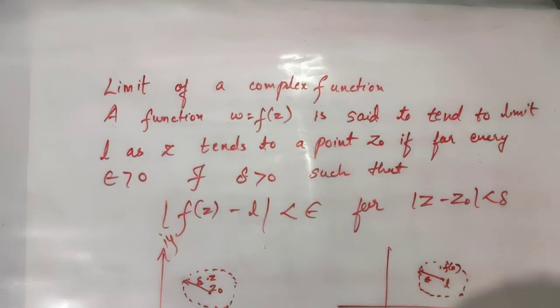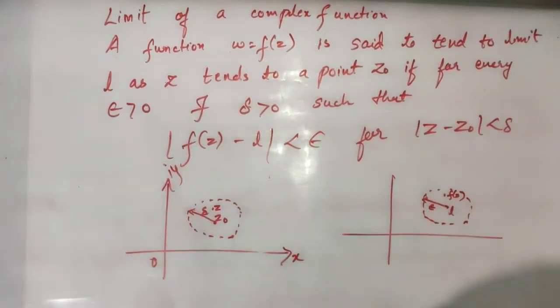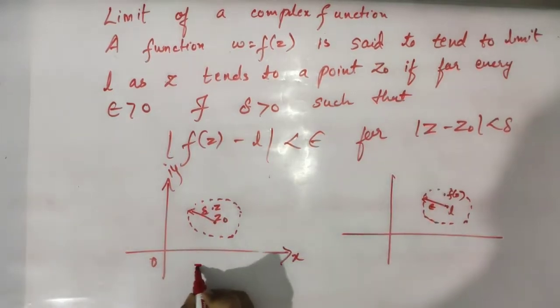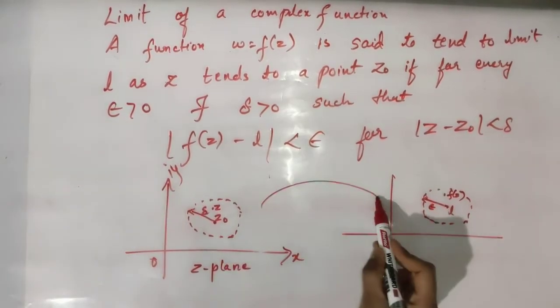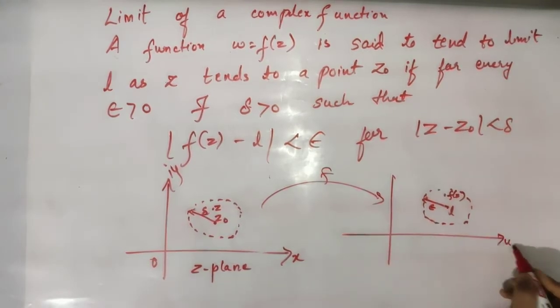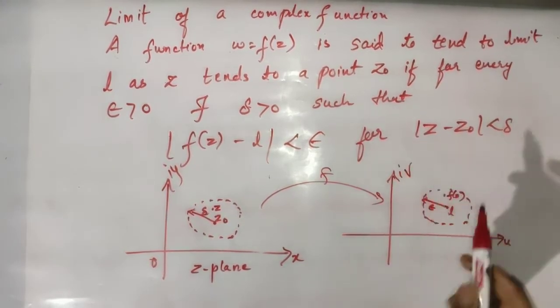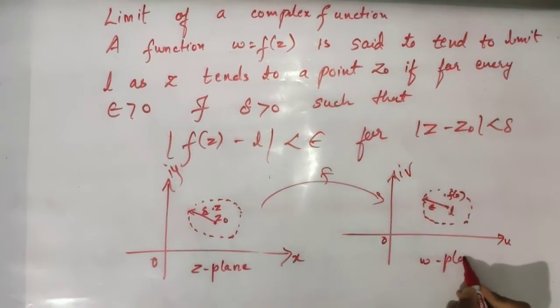The same is being carried out here, but how can we write it graphically? I have written it here. See here, this is going to be my z plane because all points are there as z. Now they are being mapped under the function f to a w plane. This is my u, this is my imaginary axis iv, origin, this is my w plane.